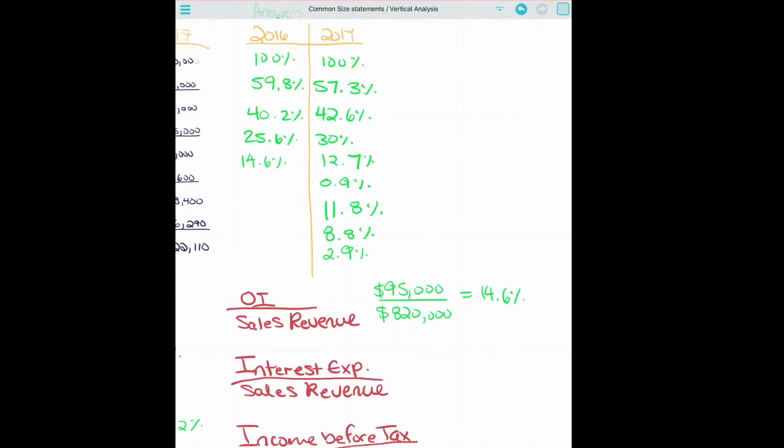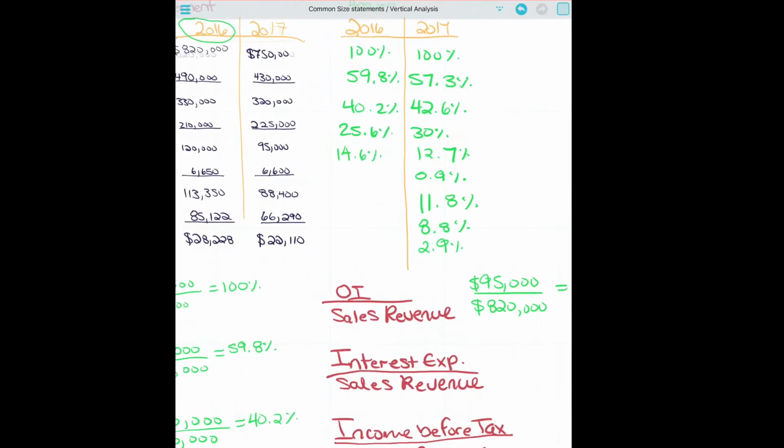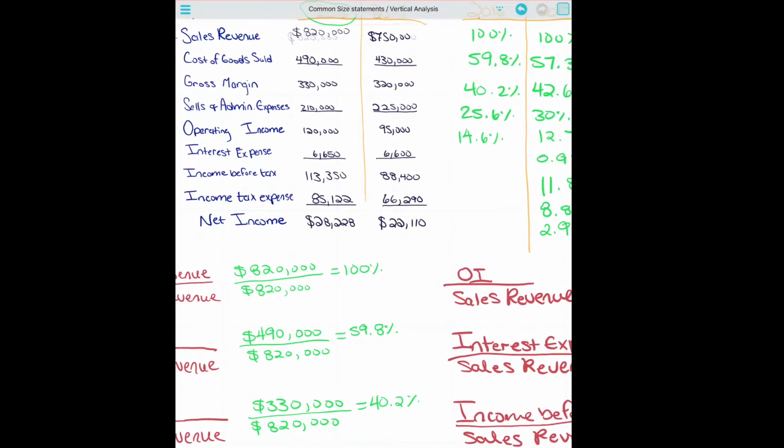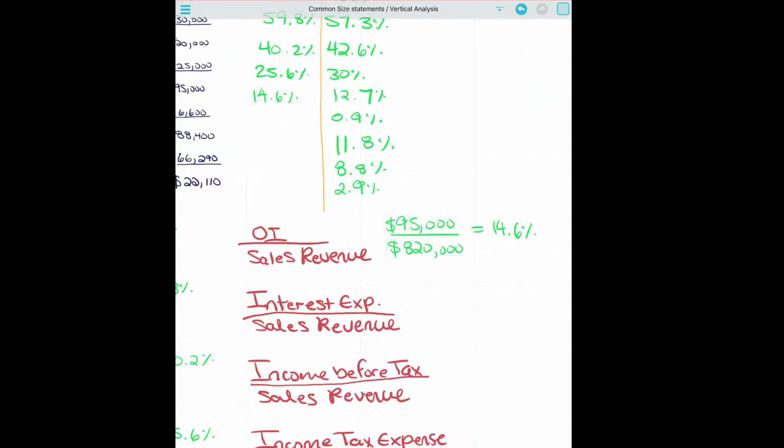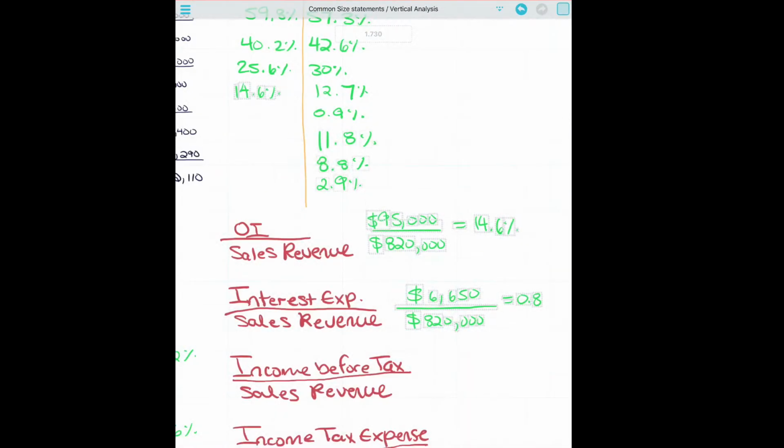Interest expense is, let's see, $6,650 divided by $820,000 equals 0.8%.